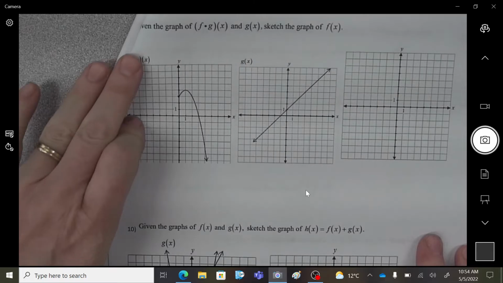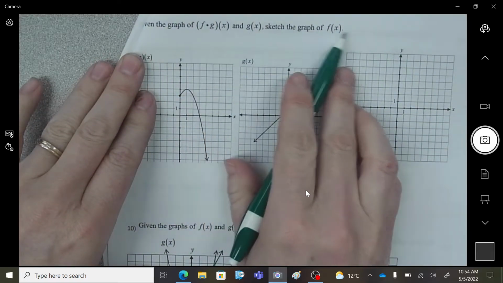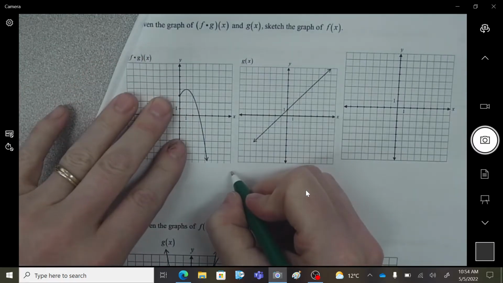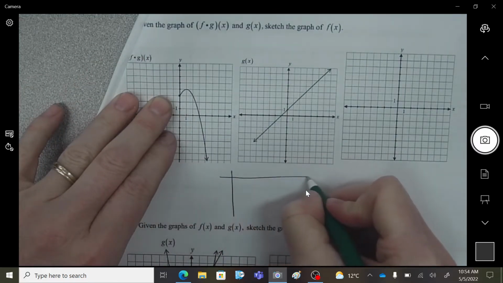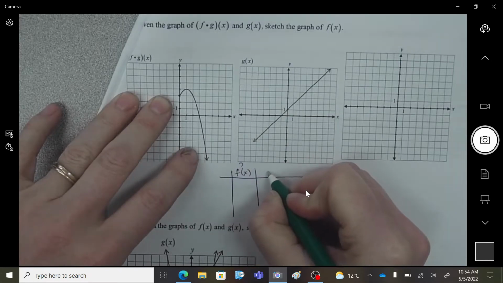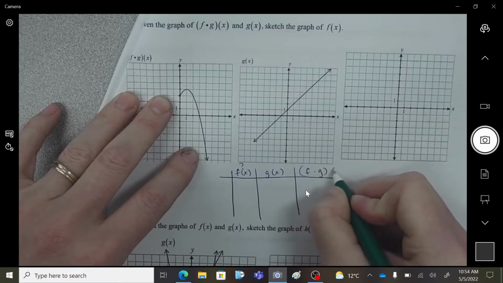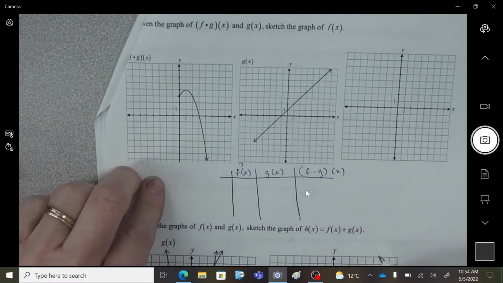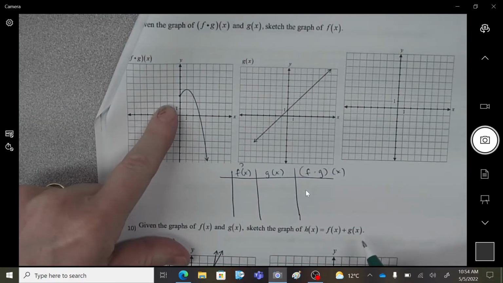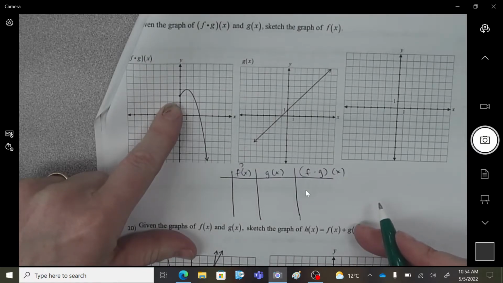Number 9, I was given the graph of the multiplication and the g, so sketch the f function. What is the f function? The g we know, and the multiplication we know. The domain, we're going to go from 0 to infinity.